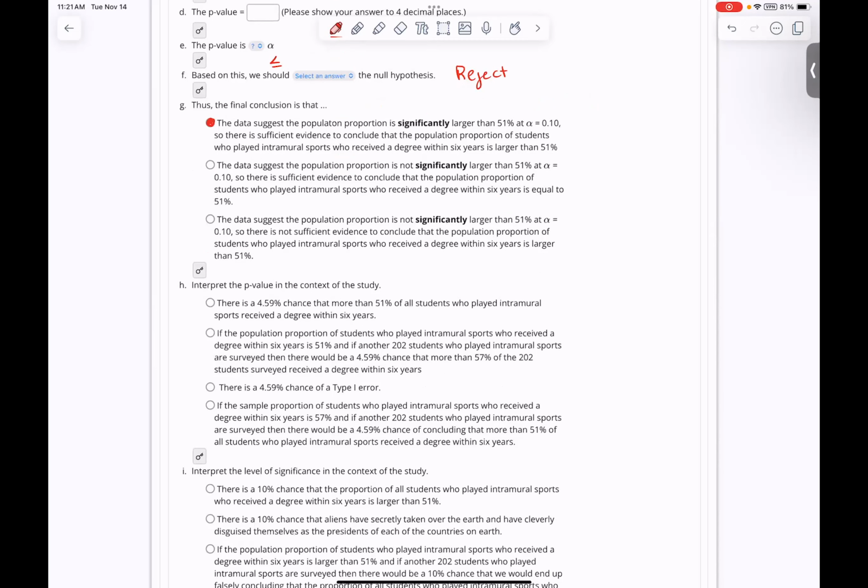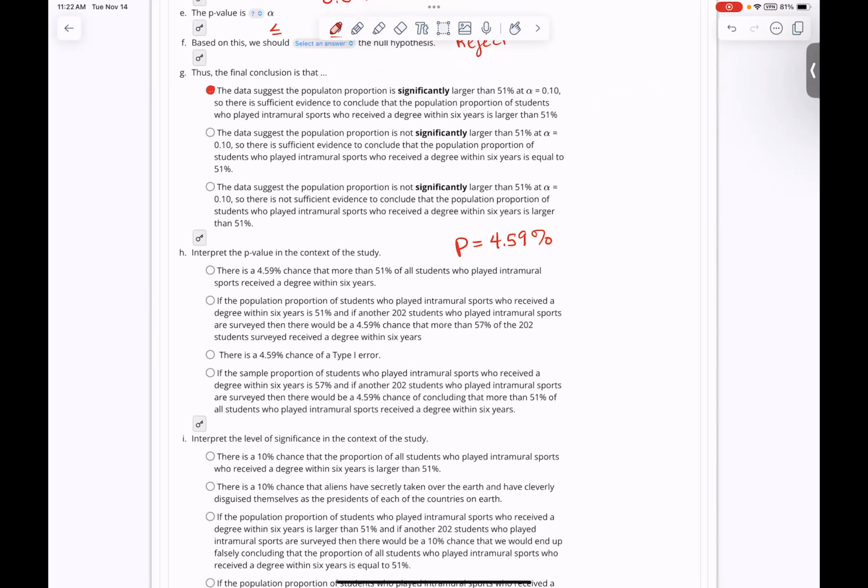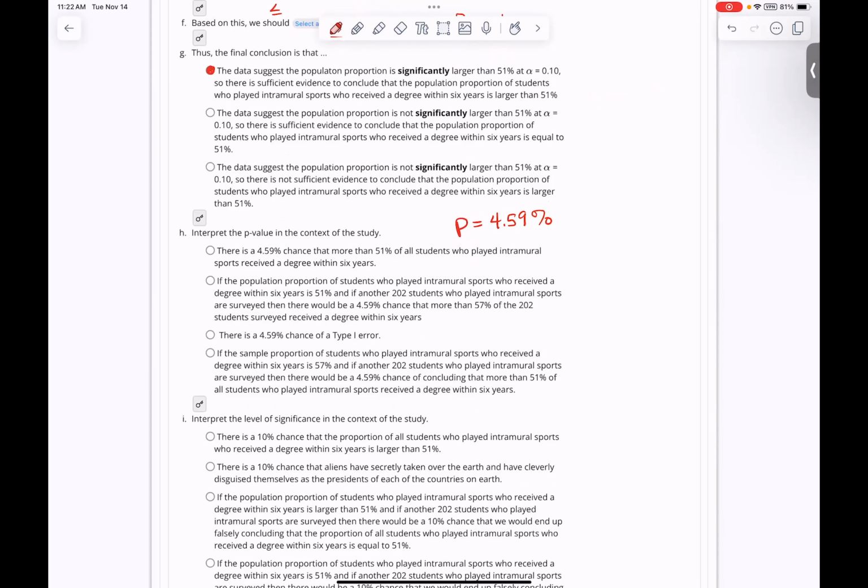The p-value is 0.0459 or 4.59%. This is the probability that we get a value as extreme as we did or more. So if we look at the four choices here, it's not going to be the first or the third. It's either going to be the second or the fourth. And it's the second because the second contains the word population.